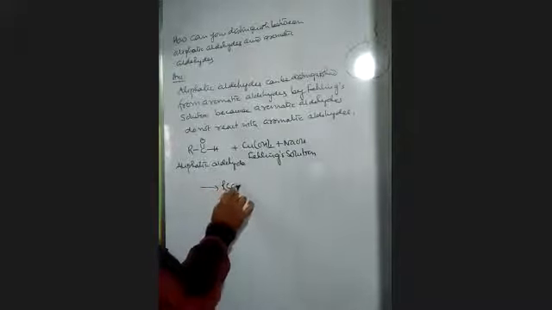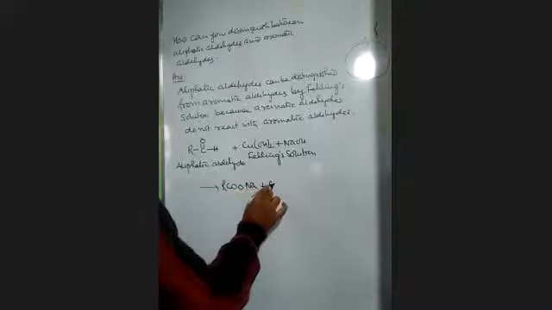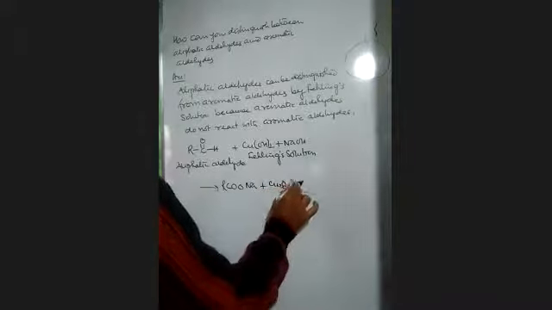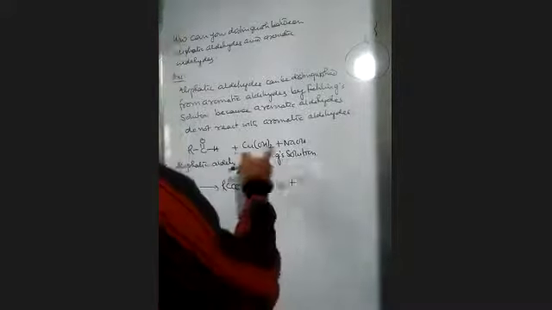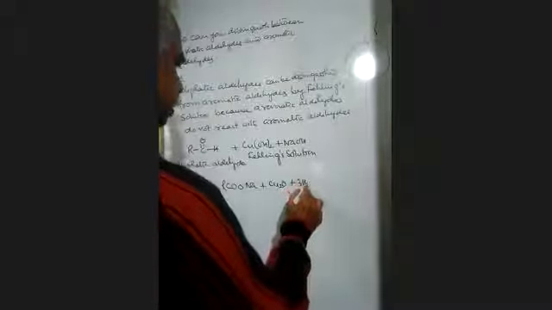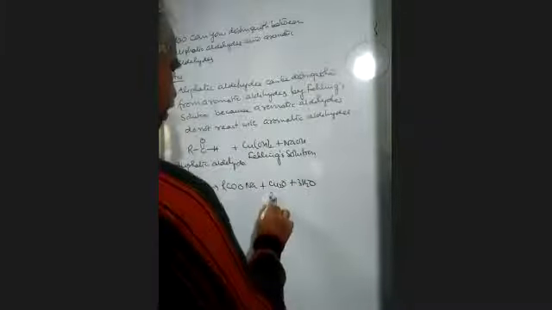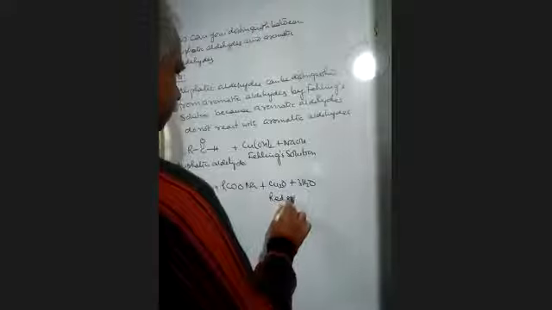Here we will write HCOONa, Cu2O, and 3 molecules of H2O. So it will be 3 molecules of H2O. Red precipitate. Okay. So now we'll write here aromatic.